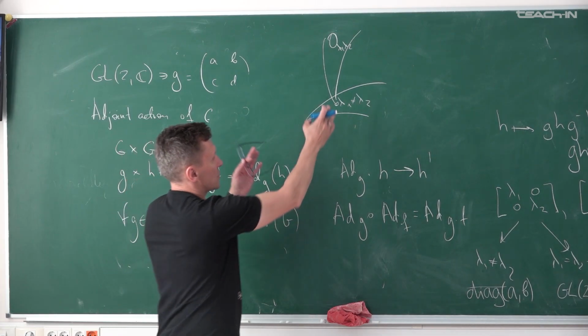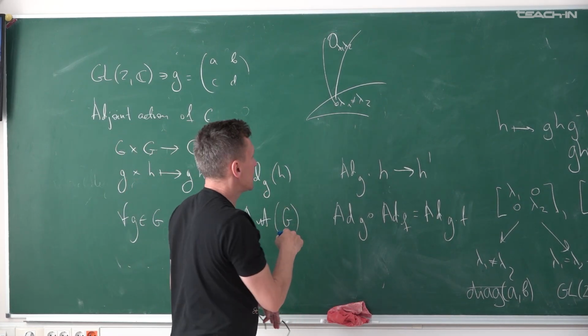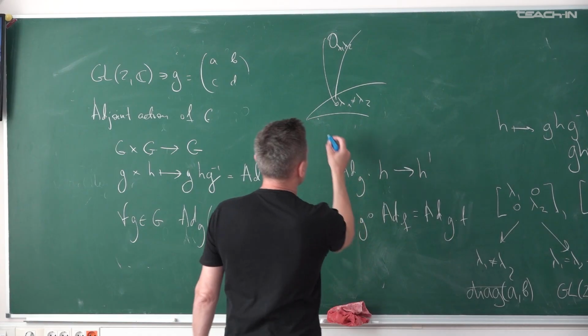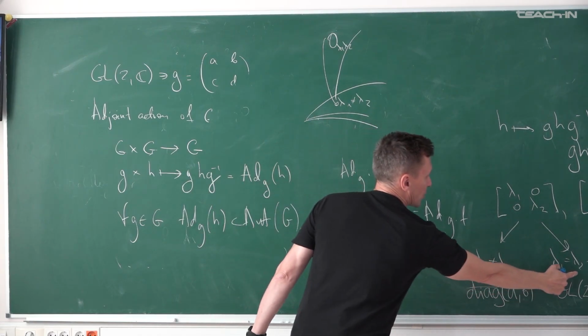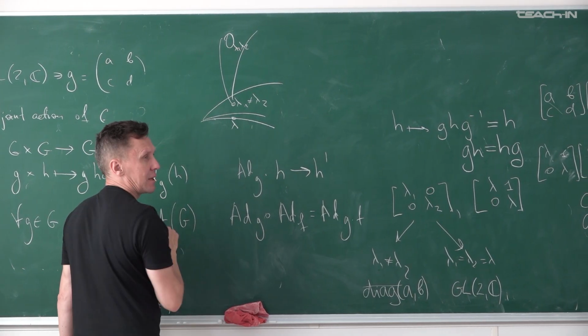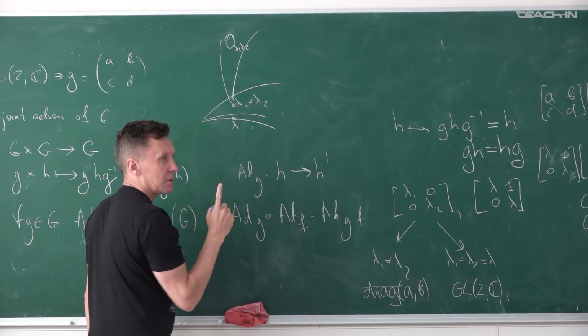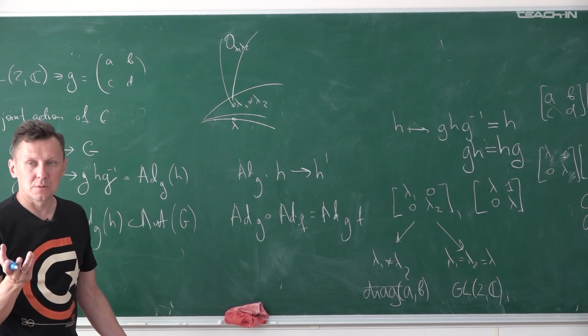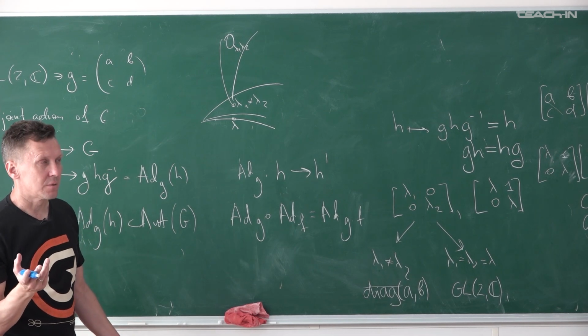Another chart is one-dimensional, this one. Here we fix lambda, but the orbit is zero-dimensional. It is the only point.